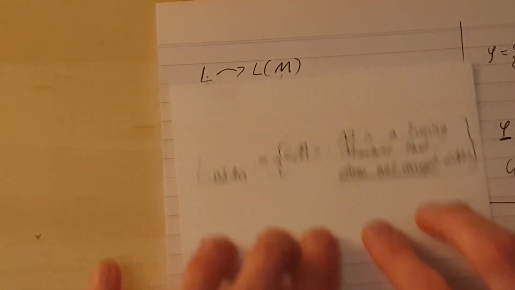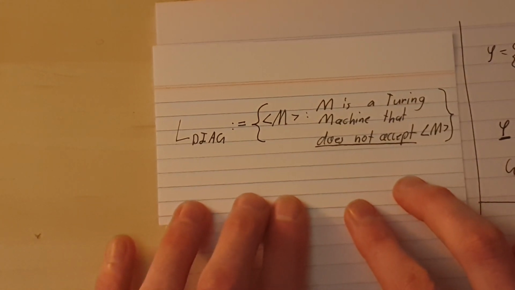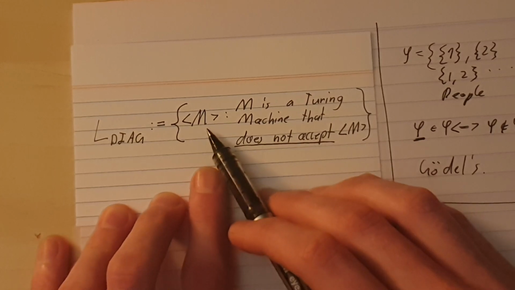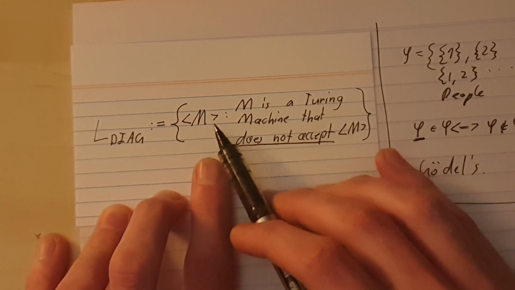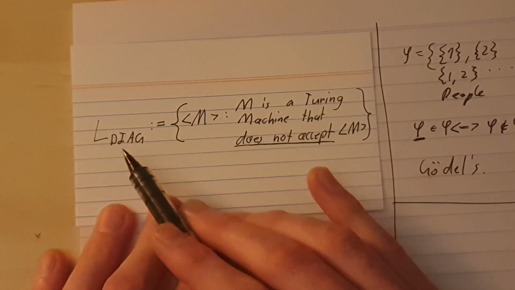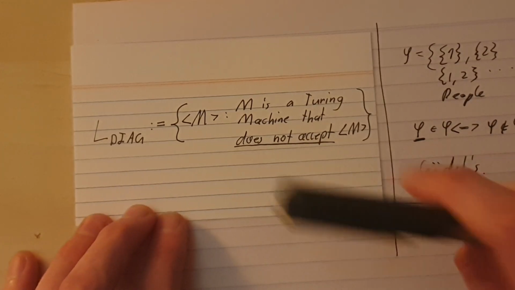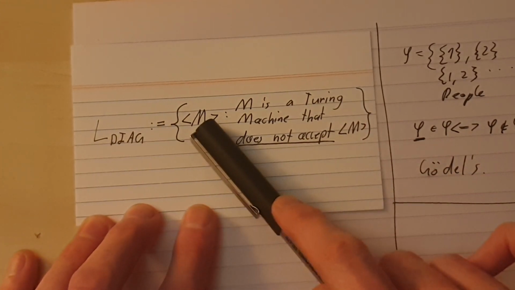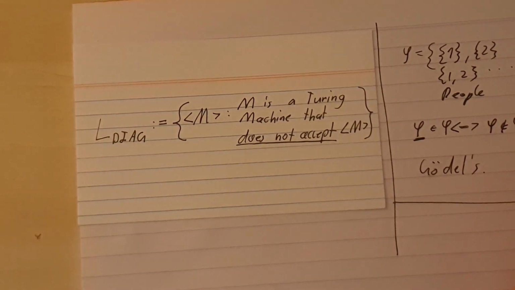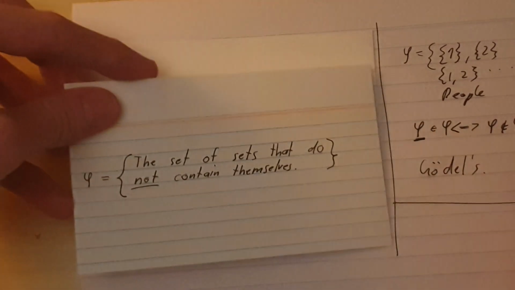And as it turns out, that is precisely what L-DIAG is. L-DIAG is the set of encodings of machines that do not accept their own encoding. So if we think of language, encoding, and machine as loosely being all the same thing, then this is the set of sets that do not contain themselves, which is exactly Russell's paradox.